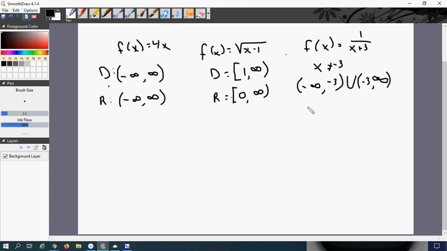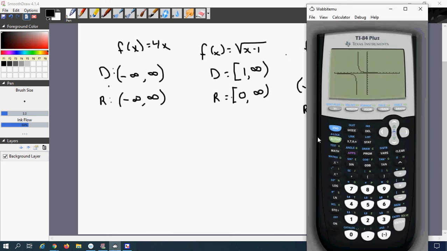And then for the range, take a look at the range again. The range is all of the y's. There isn't a y that I can't use. I can use any y that I want, well, I can't use y equal to 0 now that I think about it, because this line keeps coming closer and closer, but it never crosses the y at 0.